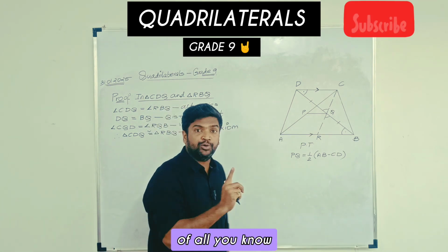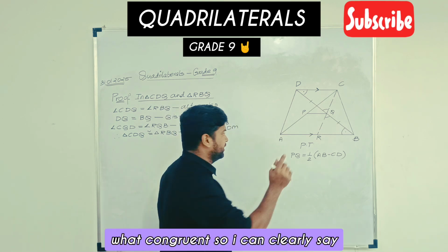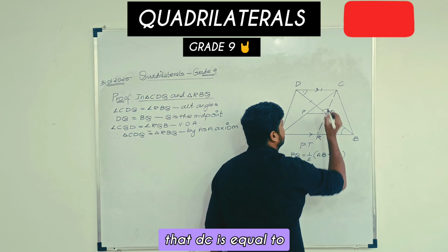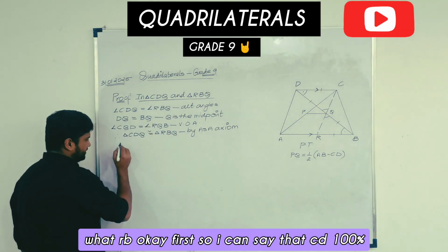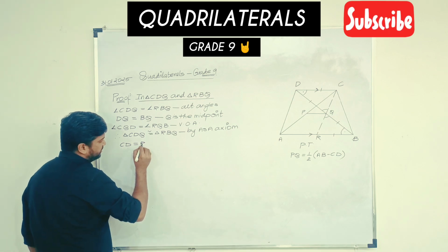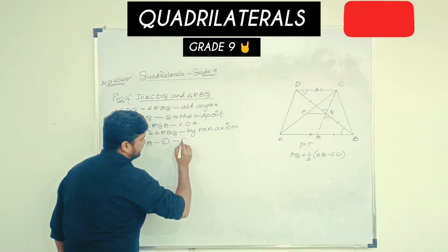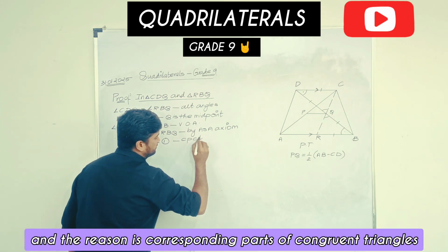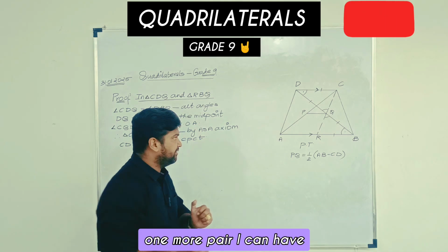So first of all, you know when the two triangles are congruent, their corresponding parts are also congruent. So I can clearly say that DC is equal to RB. So I can say that CD is 100% equal to RB. I'll declare it equation 1, and the reason is corresponding parts of congruent triangles. Okay, one more pair I can have.